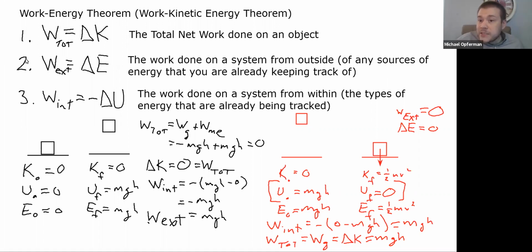And what that means conceptually is that I am putting energy into the box, but that energy is immediately being transferred into gravitational potential energy. So effectively, this is like my bank account analogy. This is like I'm trying to deposit money into the checking account, but as fast as I'm depositing into the checking account, you keep on transferring it over to the savings account.